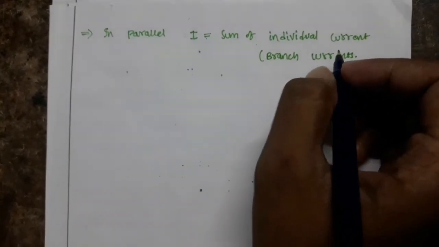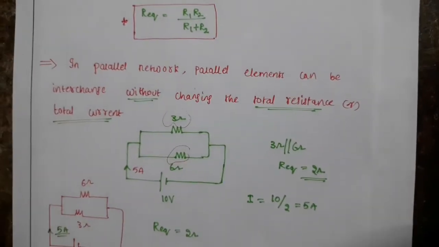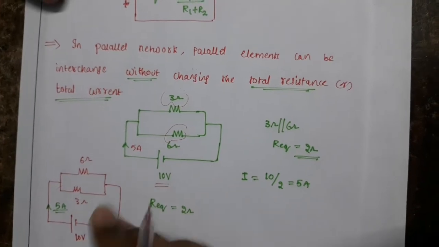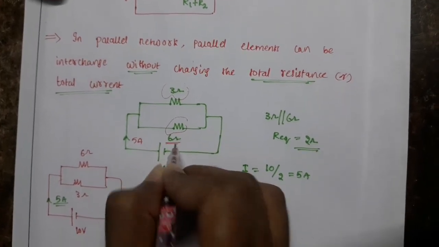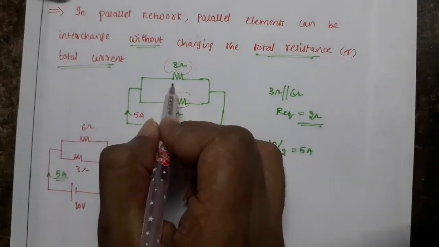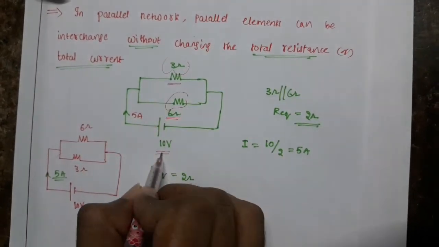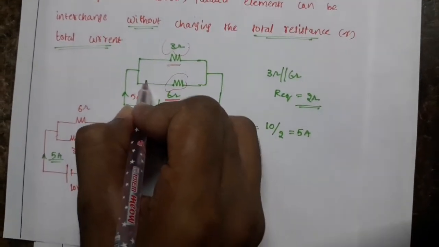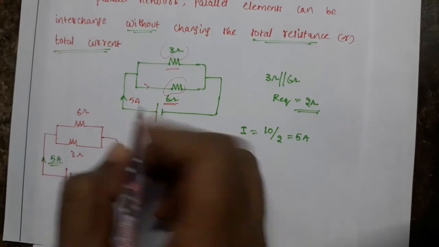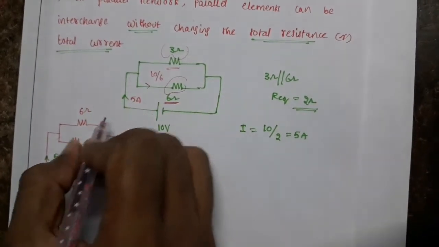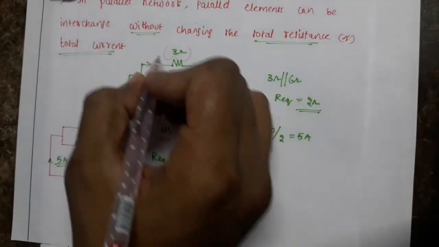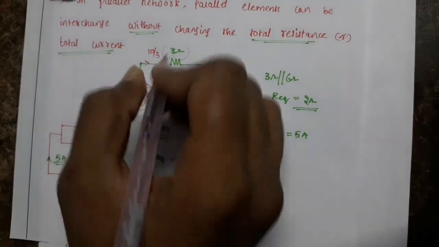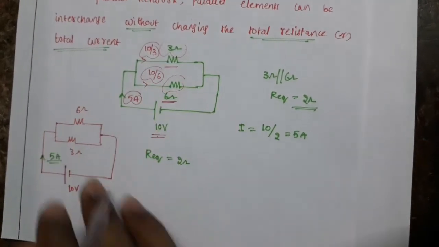I am taking the previous example. Here we have 10 volts, and the voltage applied across the 6 ohm resistor is 10 volts, and the voltage applied across the 3 ohm resistor is also the same, that is 10 volts. I have explained it in a previous video. So the current through this will be 10 by 6 ohms, and the current flowing through this will be 10 by 3. So this 5 ampere should be equal to 10 by 3 plus 10 by 6.